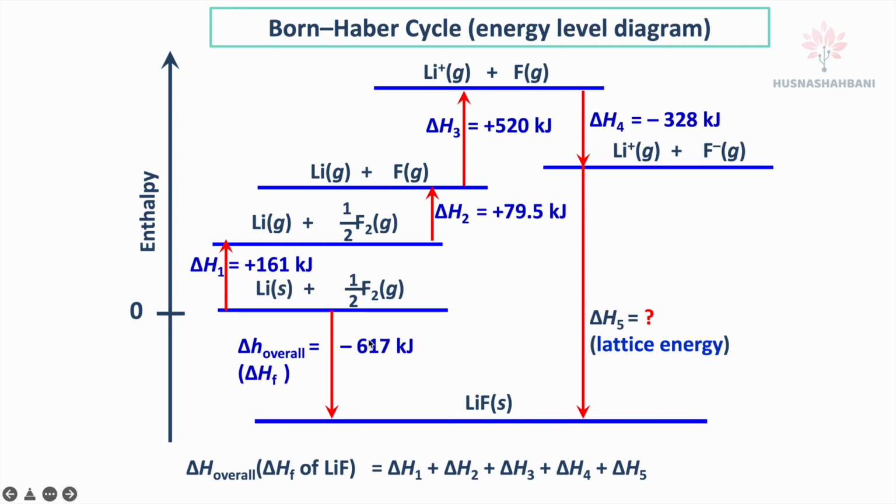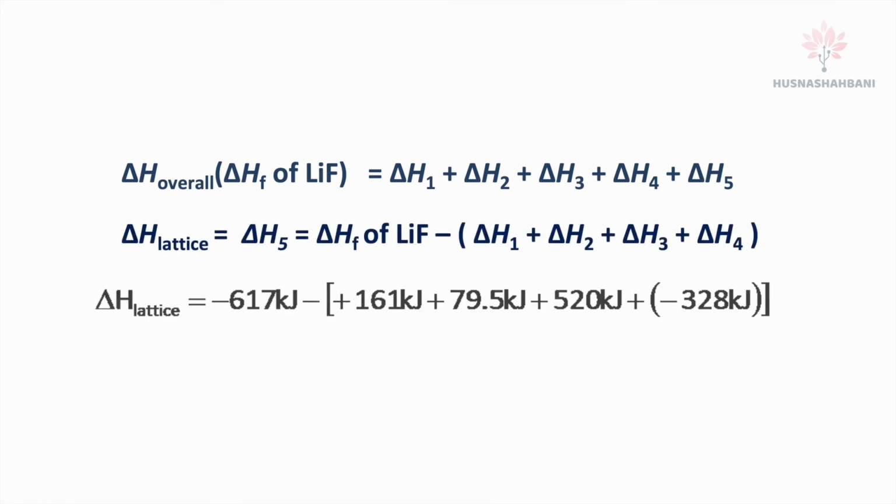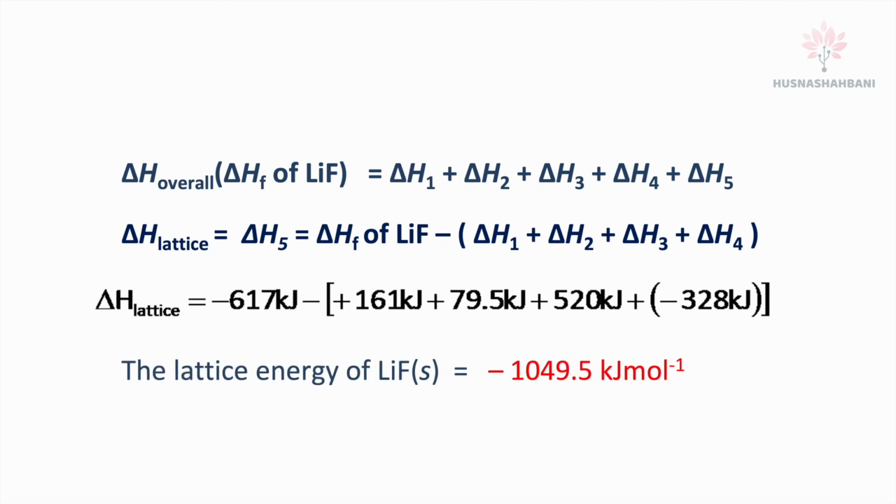So the enthalpy of formation is equal to H1 plus delta H2 plus delta H3 plus delta H4, and you will get the lattice energy. Just substitute all the values in there. The lattice energy will be negative 1049.5 kilojoules per mole. That is the lattice energy of LiF(s). Lattice energy means gaseous ions become the solid compound. Thank you.